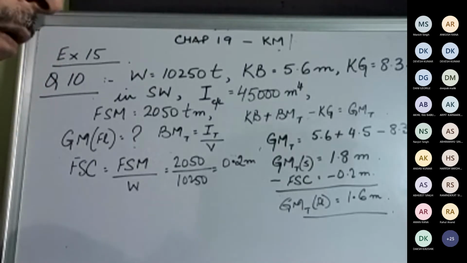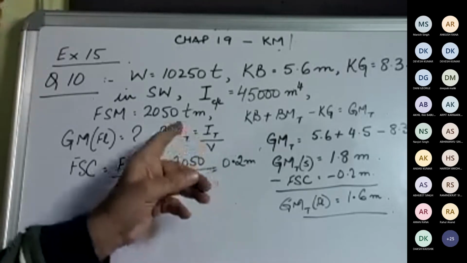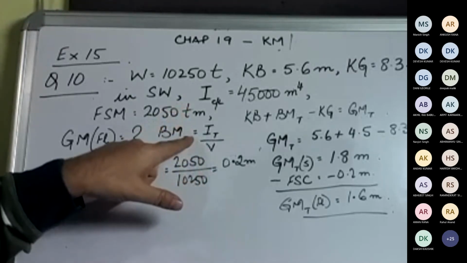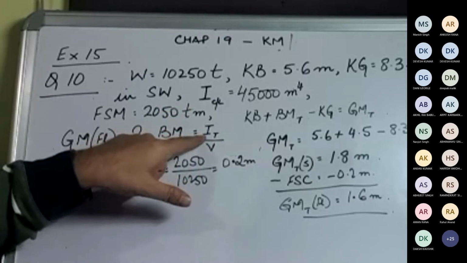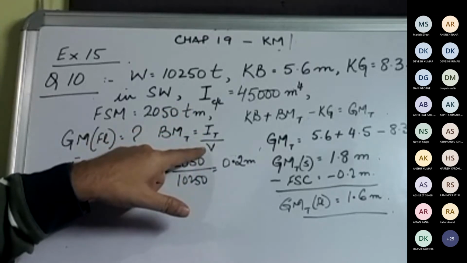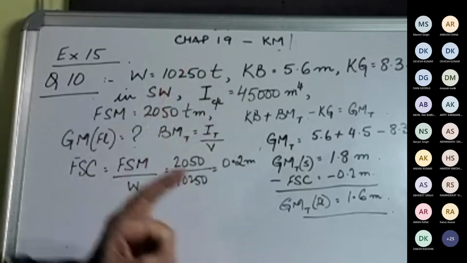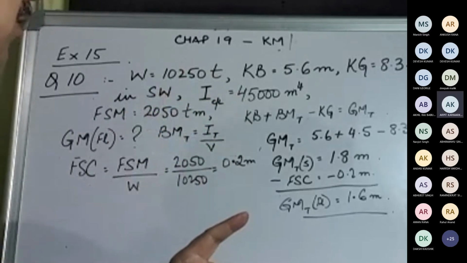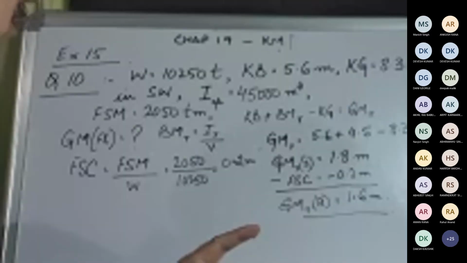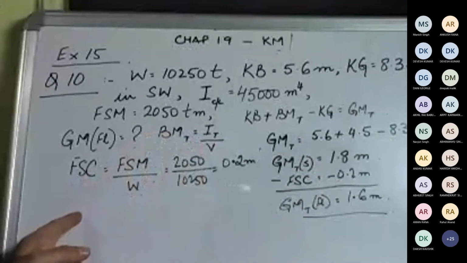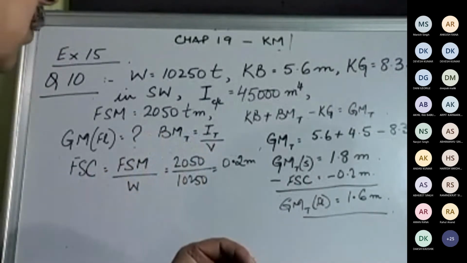सर ये BMT कैसे आया था सर वो 4.5? BMT 4.5 कैसे आया? BMT is IT by V. We wrote the formula. Yes sir. IT is 45,000, divided by V, we found is 10,000.